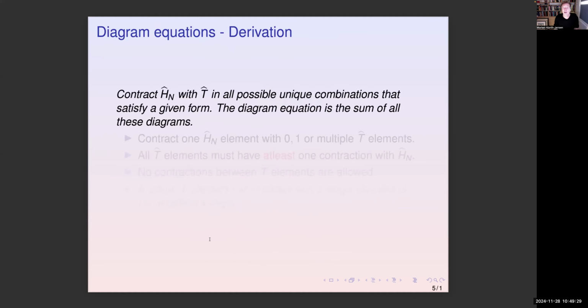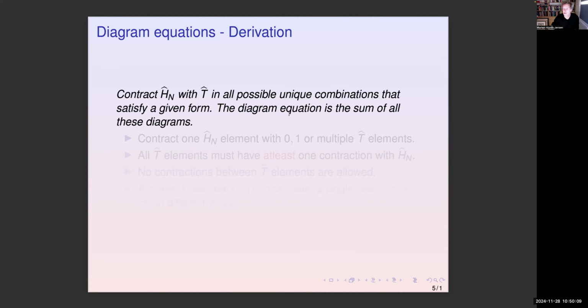So what we are going to do now is first to look at the diagrammatic derivation. This starts with a Hamiltonian which interacts with these operators T. What we want to do is to contract this Hamiltonian acting on a specific state. Think of making a one-particle, one-hole excitation; then we would find out the contribution to the energy which comes from, let's say, Hn multiplied with T. So we want to find all possible unique combinations that satisfy the given form.